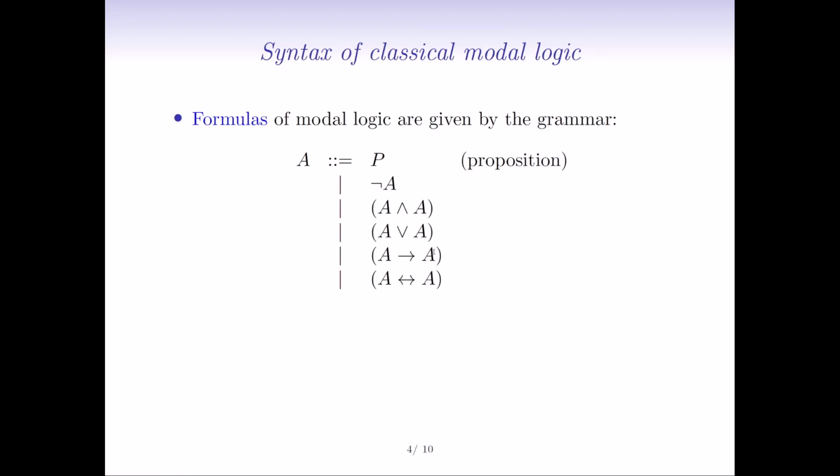Then we have all our familiar connectives from propositional logic: negation, conjunction, disjunction, implication, and biimplication. And then we have the two modalities. We have diamond A. So if A is a formula, then so is diamond A. And diamond A is read as it is possible that A, or possibly A.